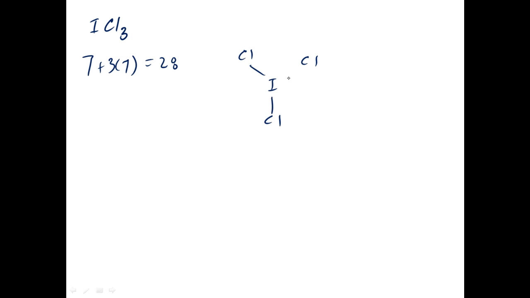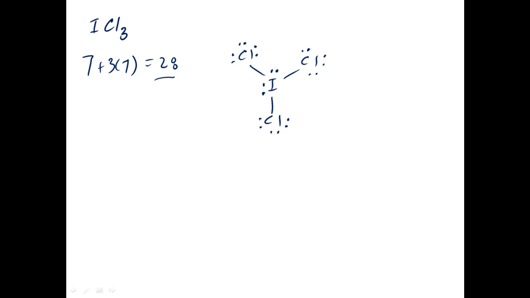So we know there's at least one bond with each one of these. And we know each chlorine has to have 8. All right, so 8 times 3 gives us 24. But we've got 28 electrons. So we're going to have 2 lone pairs on the iodine like so.